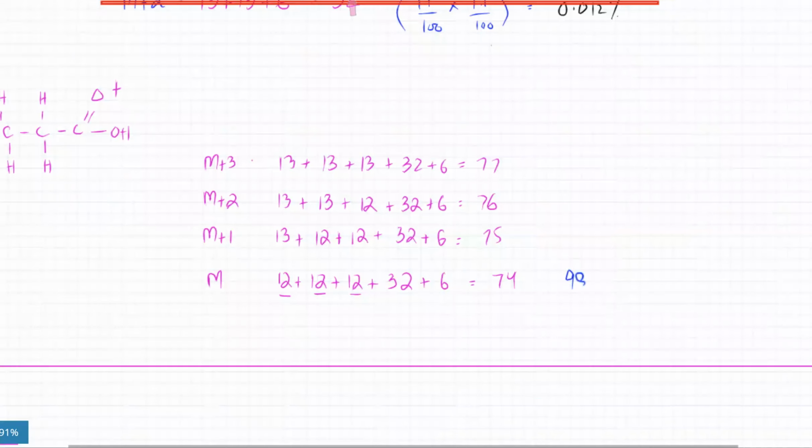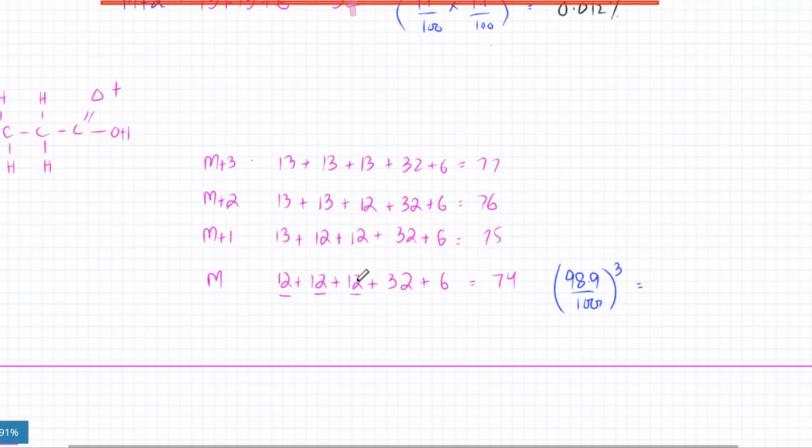Now, what's the probability of getting all of them as 12? That would be 98.9 divided by 100, cubed. So power 3 ho jayega. Can somebody do this? This has the probability of 98.9%. This also has 98.9% chance.